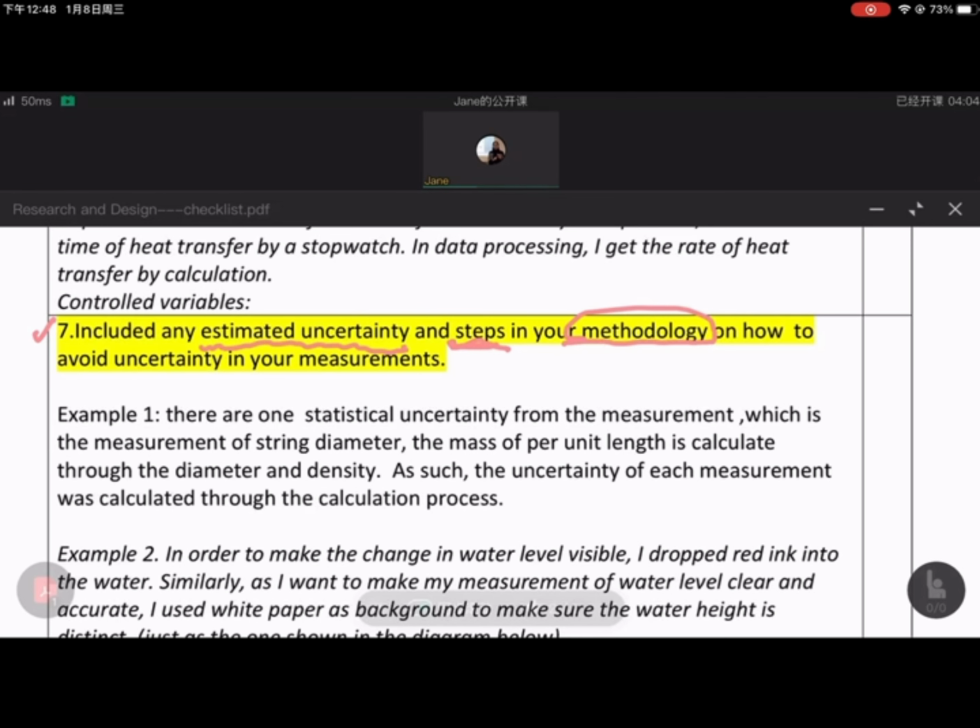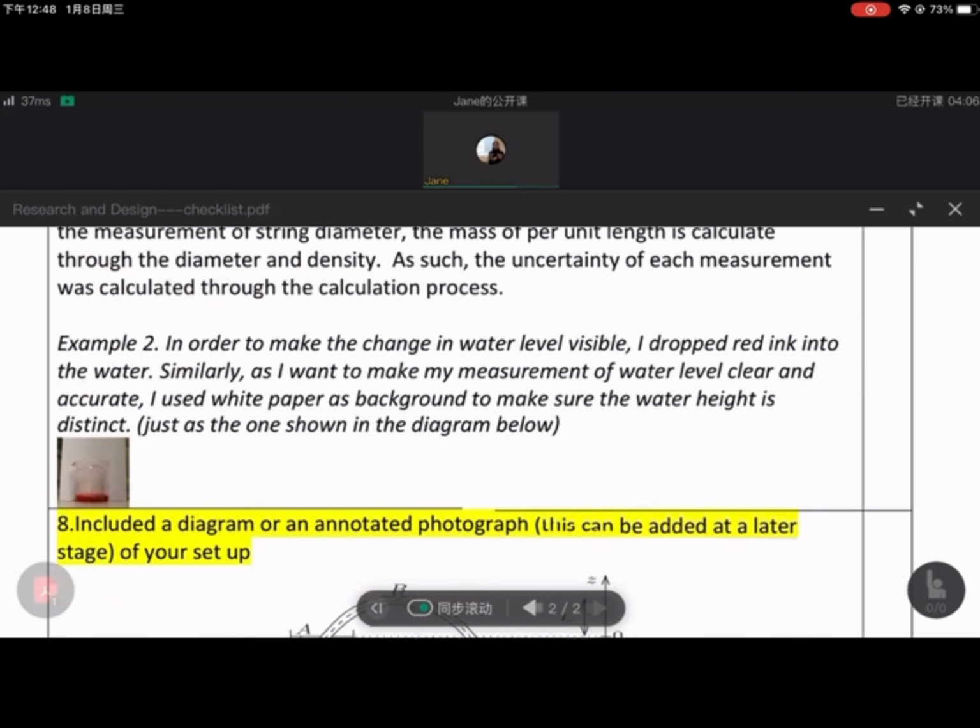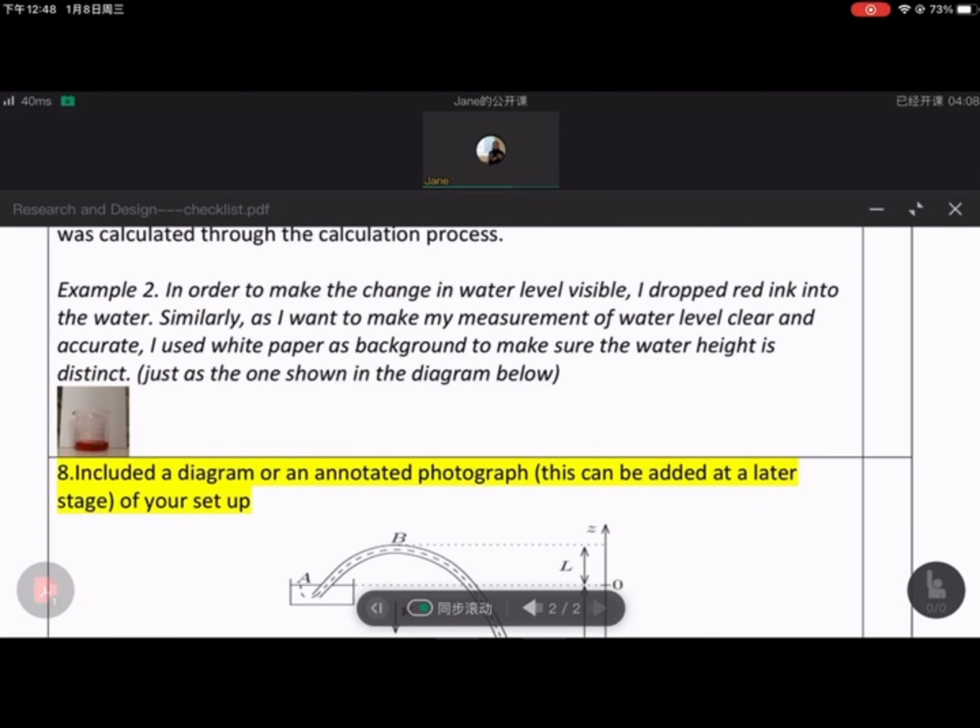For example, let's look at example 2. You wanted to measure the changes in the water level, right? So during this action, there might be some uncertainty because water is kind of transparent and kind of difficult to see the water level clearly.